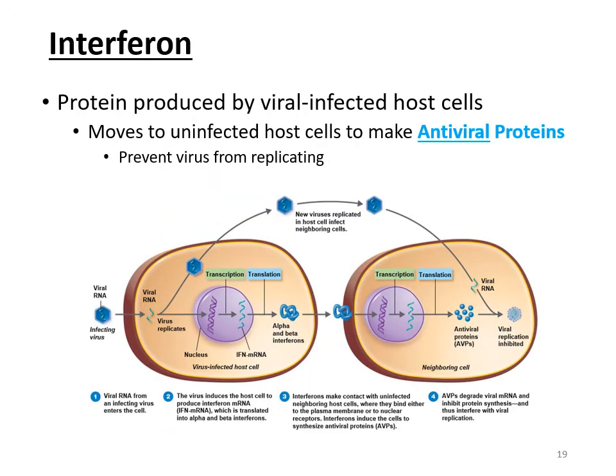The last one I want you to know is interferon, and as soon as you see interferon, all I want you to think is it fights viruses. Okay, so all of the other parts of innate immunity, they can protect you against any pathogen, and a lot of times it's bacteria in most cases. Interferon is specific to help you fight viral infections.